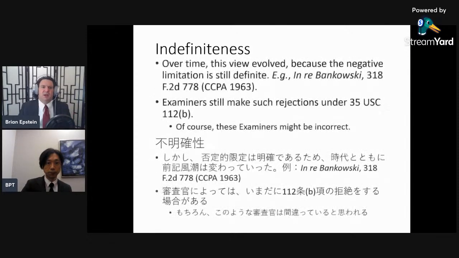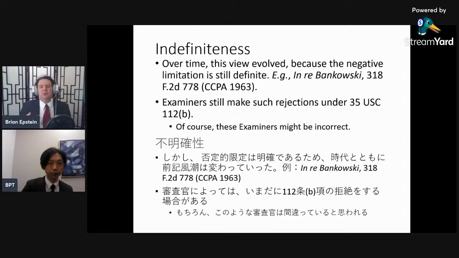However, over time, this view evolved. An example is this Bankowski case just 10 years later. The idea then was that the negative limitation itself is definite. And so although it's quite broad, we know what it means.